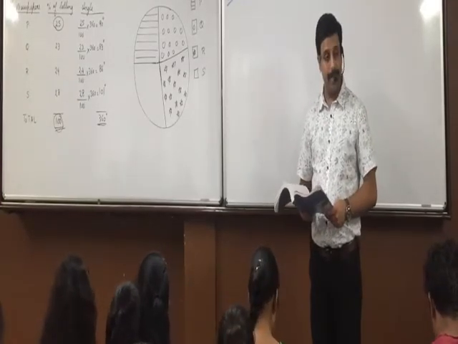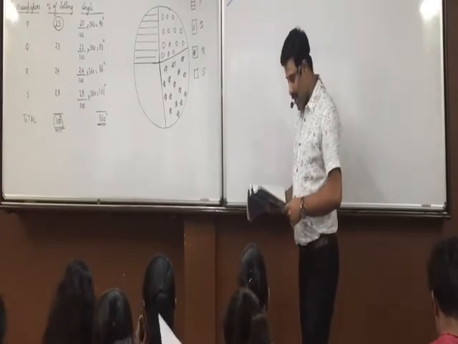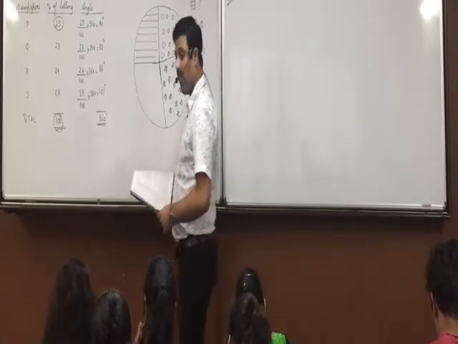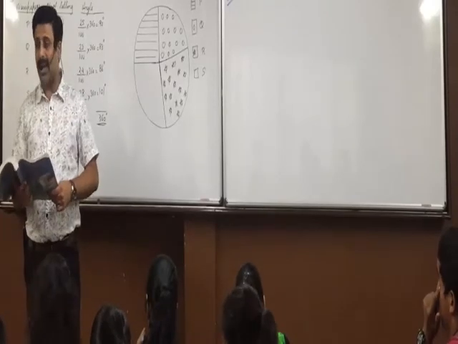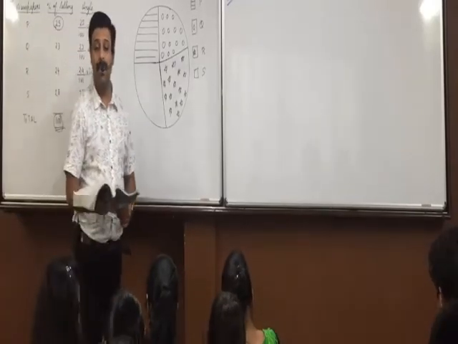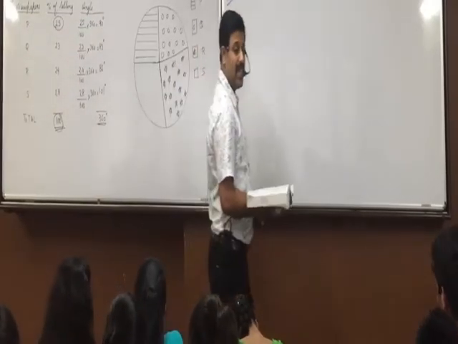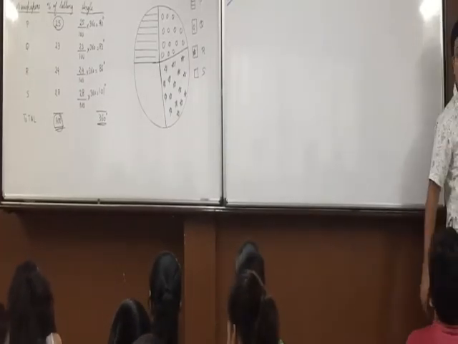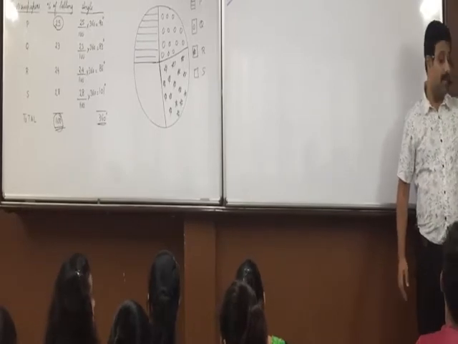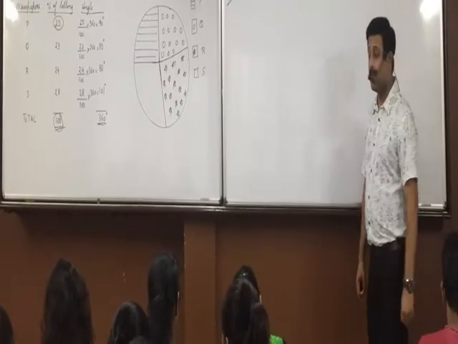Information regarding the average monthly expenses of two families is presented through a pie diagram. Now, why would the concept of circle diagram be involved? It is not mentioned; they have not said to make a circle diagram, only a pie diagram.